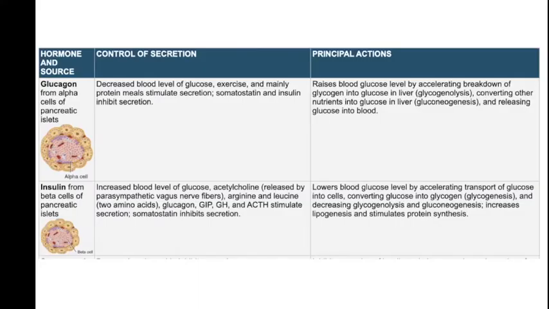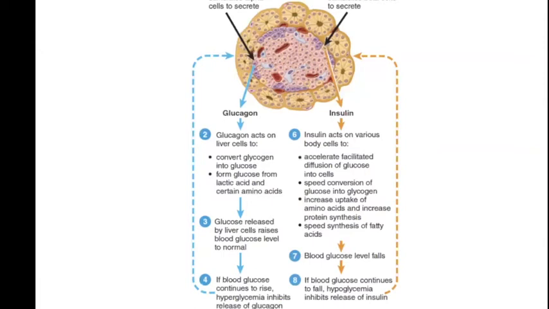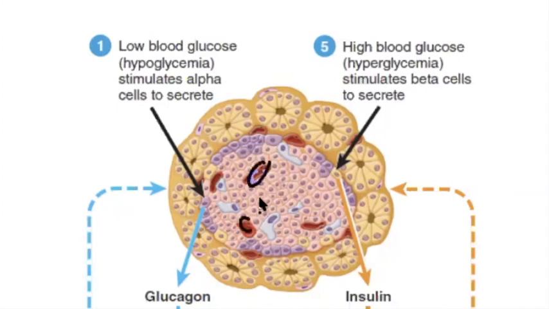Now you have more glucose floating around the blood, and your body cells can take it in and do what they do with glucose, which is to turn it into ATP. So when we're thinking about these homeostatic mechanisms, we have all these capillaries over here, and the filtrate is going to be in here.